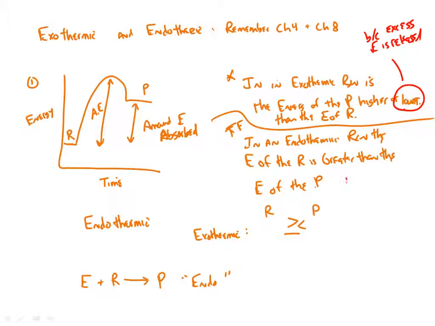This is false, right? If you can sketch that picture, you should see that the energy of the products is higher. And in an exothermic reaction, the energy of the reactants is, no, it's higher, I mean. That one's a little tricky.